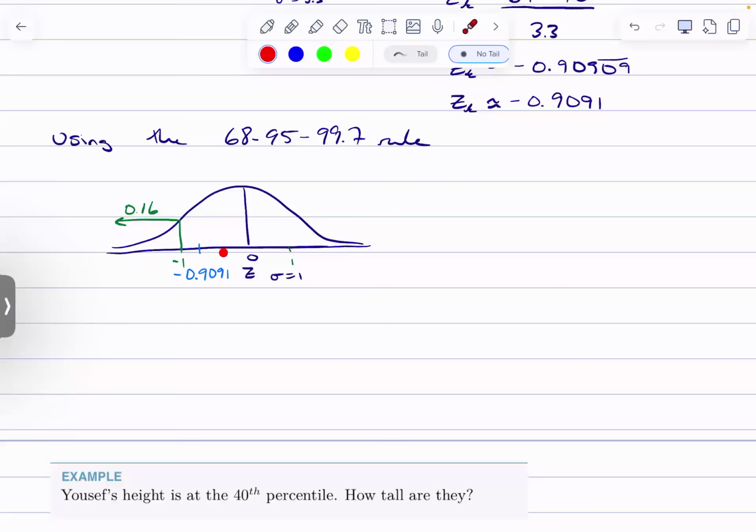Not a great estimate, because this negative 0.9091 is somewhere between 0 and 1 standard deviations below the mean. And here at the mean, by symmetry, how much area will we have in one of the tails? Should have 0.5.